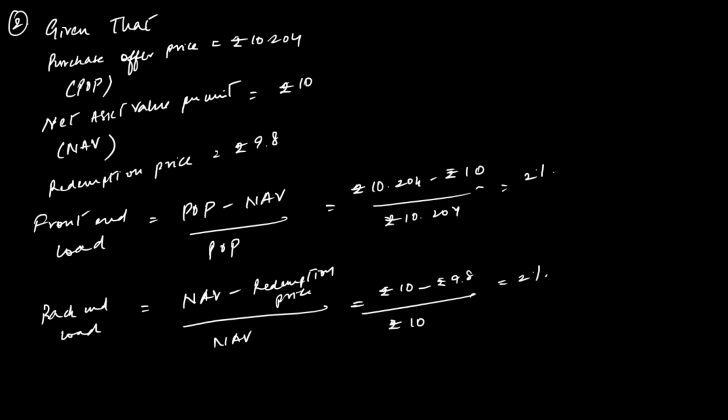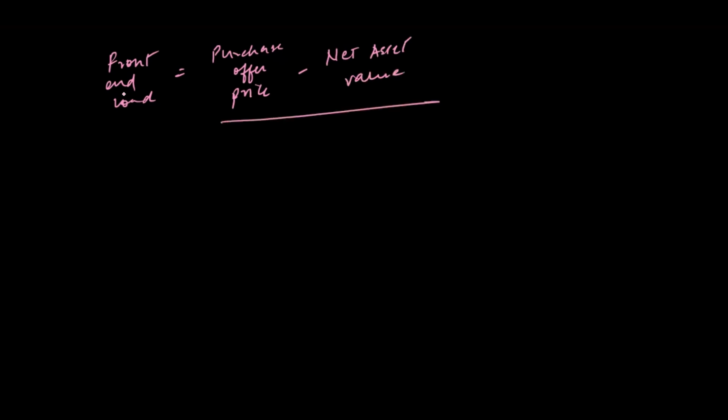So this is the solution. What is the formula that we have to use? Front end load is purchase offer price minus net asset value divided by purchase offer price, that is 10.204 minus 10 divided by 10.204.